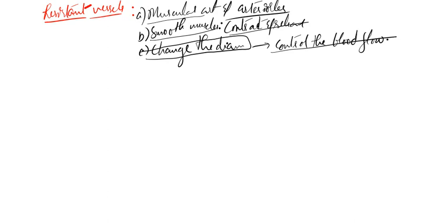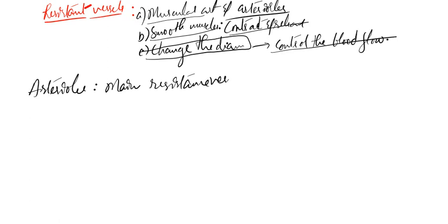Now arterioles, these are actually the main resistance vessel. They have a sympathetic supply and maximum smooth muscles.